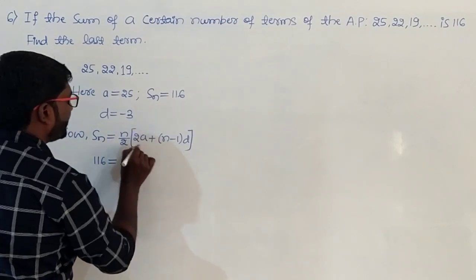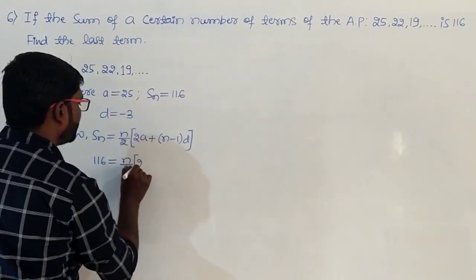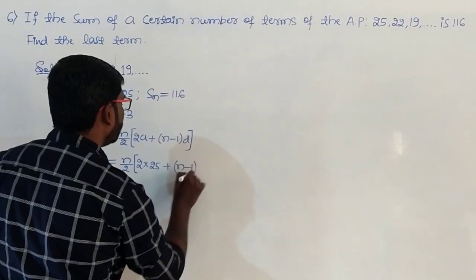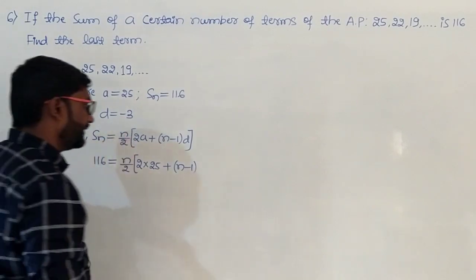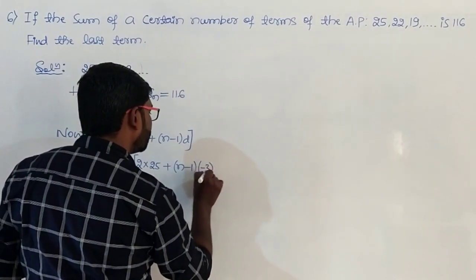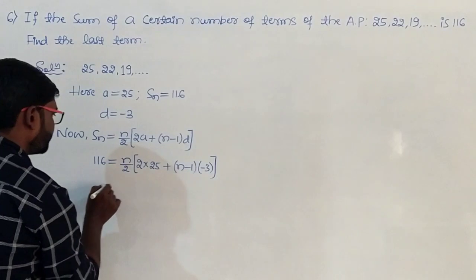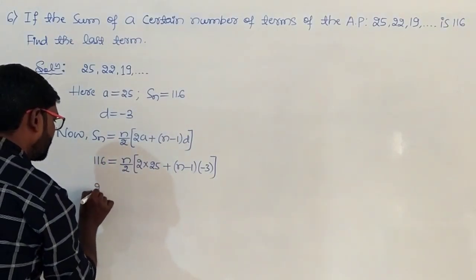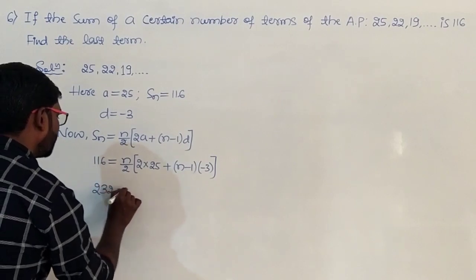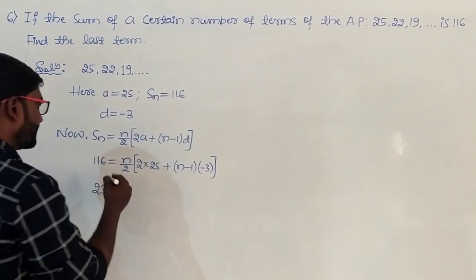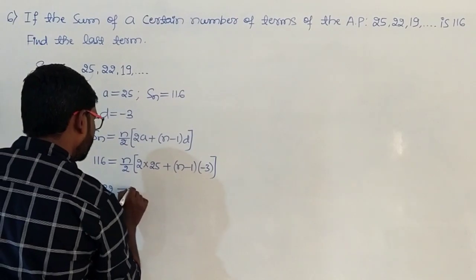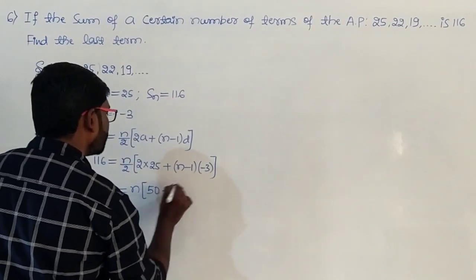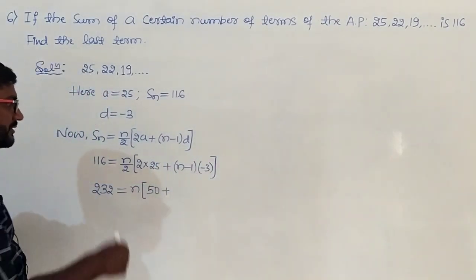Then 2a, it is 2 into 25, plus n minus 1 into d. D, it is minus 3. Close the bracket. Then take 2 to the left hand side. It will be multiplied with 116. We get 232, which is equals to n into, so it is 50 plus, multiply minus 3 with these two terms. You get minus 3n.